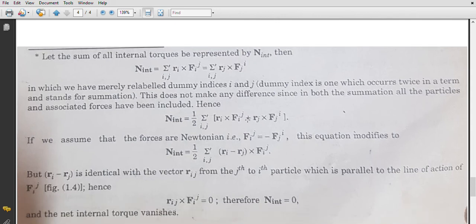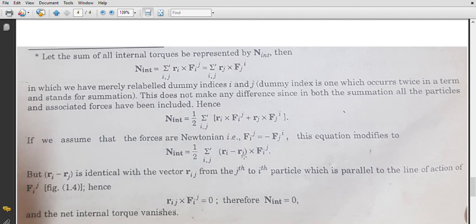Now I know that according to Newton's third law of motion, Fij, which is the force acting on the ith particle due to the jth particle, is equal and opposite to the force acting on the jth particle due to the ith particle. Using this relation, Fij equal to minus Fji, and substituting this, I get the internal torque to be half summation over i, j, not equal, of Fij.